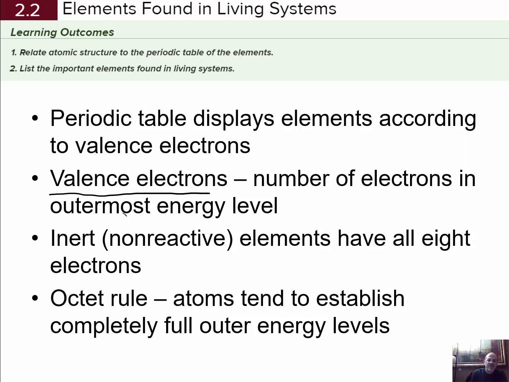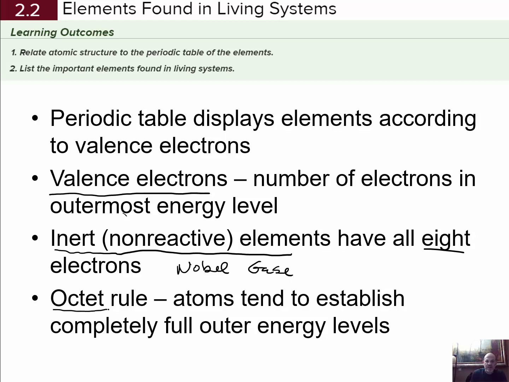Okay, so this brings up the idea of the inert or non-reactive elements. Those are going to be in the last column. I called them noble gases just a while ago. And all of them have 8 valence electrons except for helium, but it's also a noble gas because it's filled up its innermost shell.